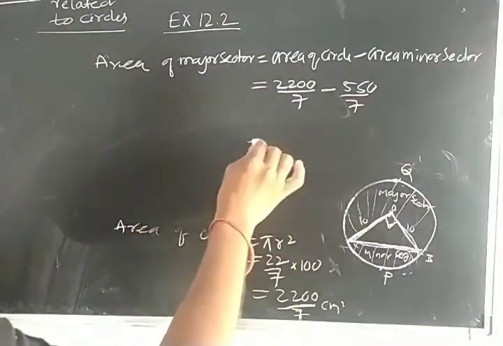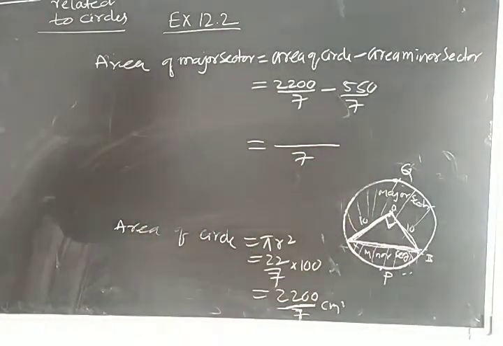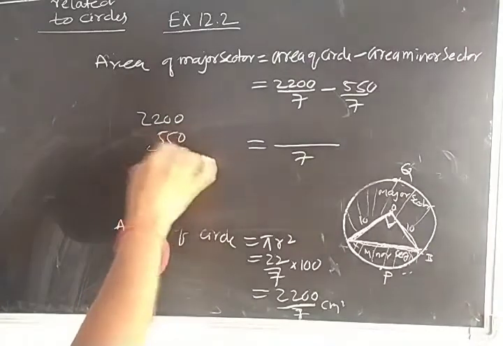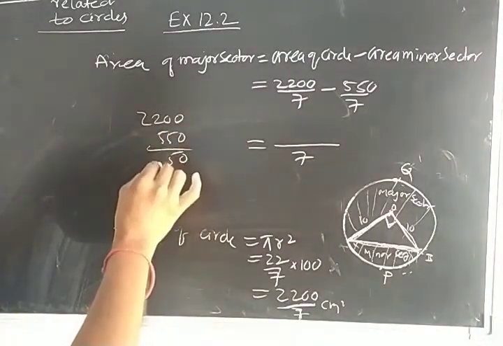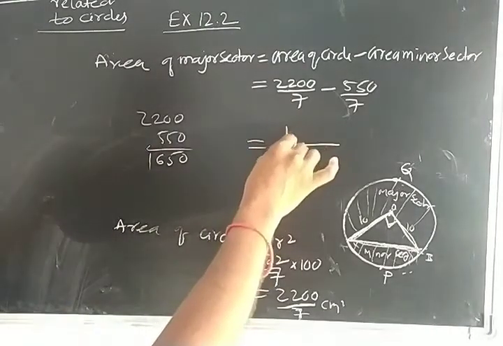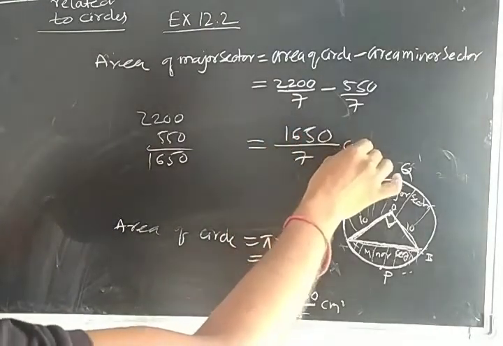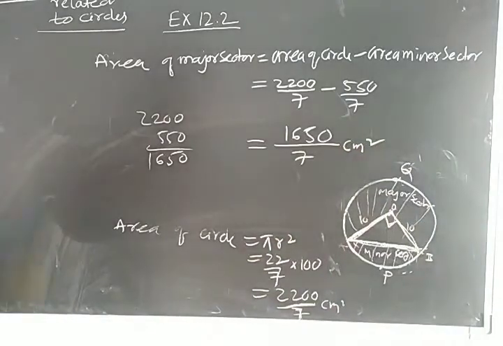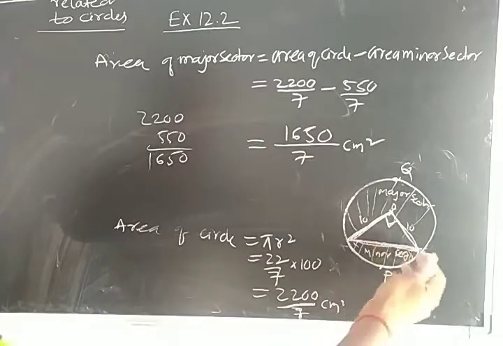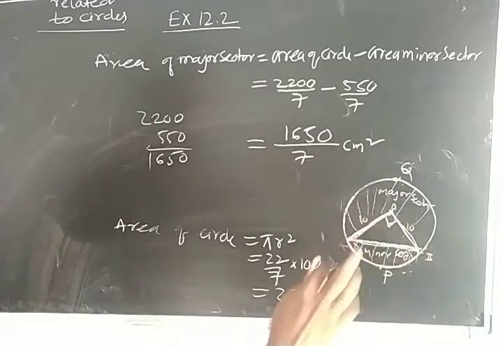Now by taking LCM, 7 is the LCM, 2200 minus 550, what you will get, 1650 by 7 centimeters square is the area of the major sector, and we got the area of the minor segment also. Okay, right.